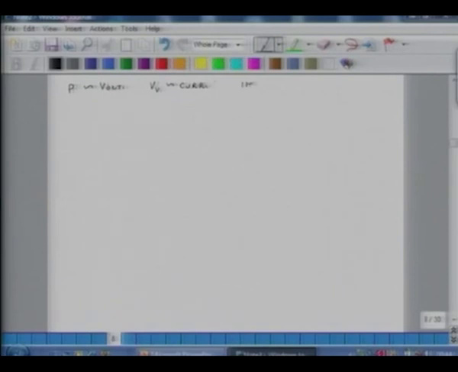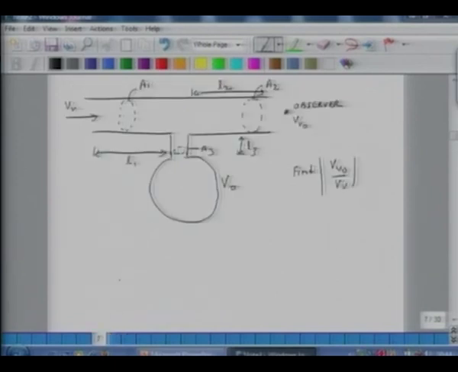This is the impedance approach, the impedance analogy. So now I construct a circuit. Essentially I have two short tubes here, another short tube here, and a volume here. My volume in the impedance analogy will be modeled as a capacitor, and my tubes will be modeled as inductors.